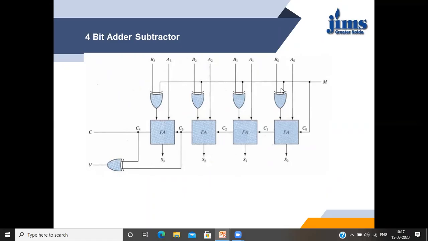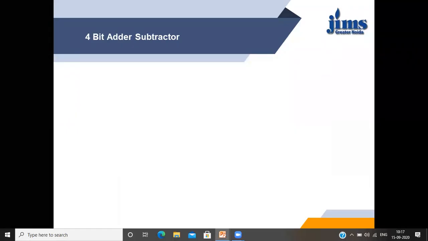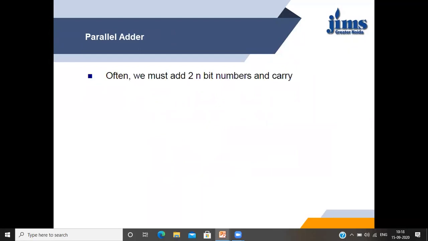If M equals 0, the output of the first XOR gate will be B0, here will be B1, here will be B2, here will be B3. So the operation will be just A0 plus B0 plus C0. It will provide some S0 and carry C1. This is what we have done in the full adder circuit. Here we can see how it is done in the parallel adder, like this.